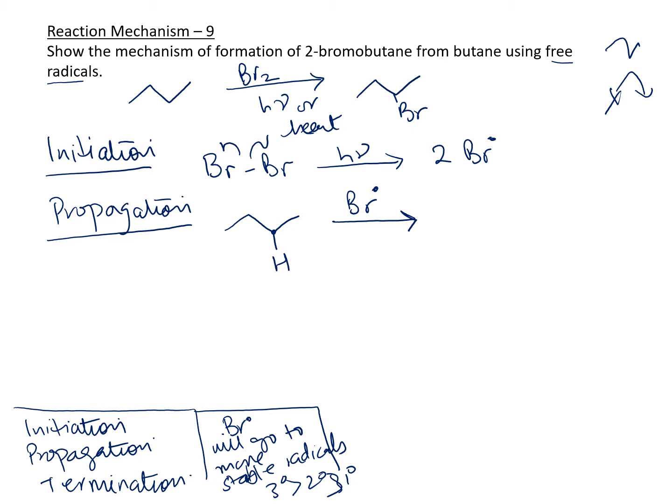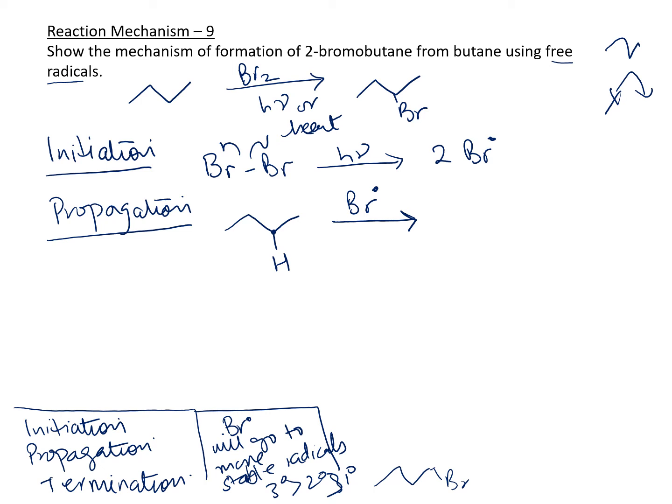If you're asked to make something like 1-bromo, it's a little unusual, because that's not the best thing. You have to find a different way to make it, because when using bromine you're probably going to form a more stable radical, which is the secondary and not the primary. That being said, let's continue with the mechanism.